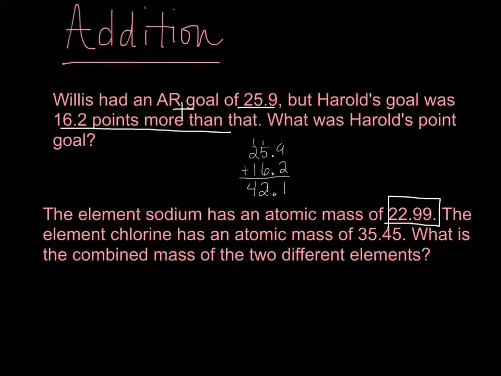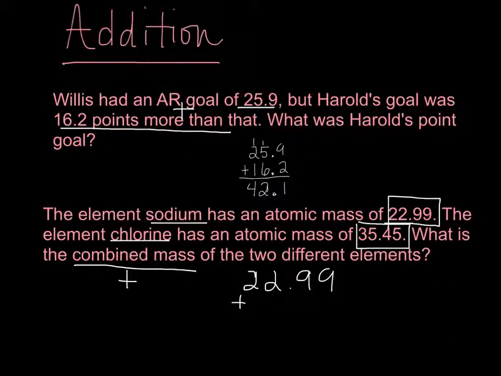Chlorine has an atomic mass of 35 and 45/100ths. Then the question asks, what is the combined mass of the two different elements? Since we are combining two things, that means we are adding. So just like in the top problem, we're going to add our decimal numbers, 22 and 99/100ths plus 35 and 45/100ths.